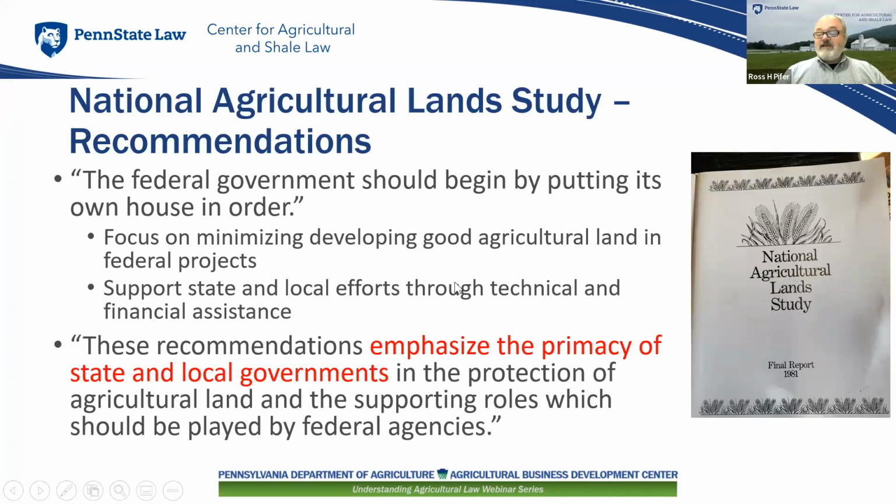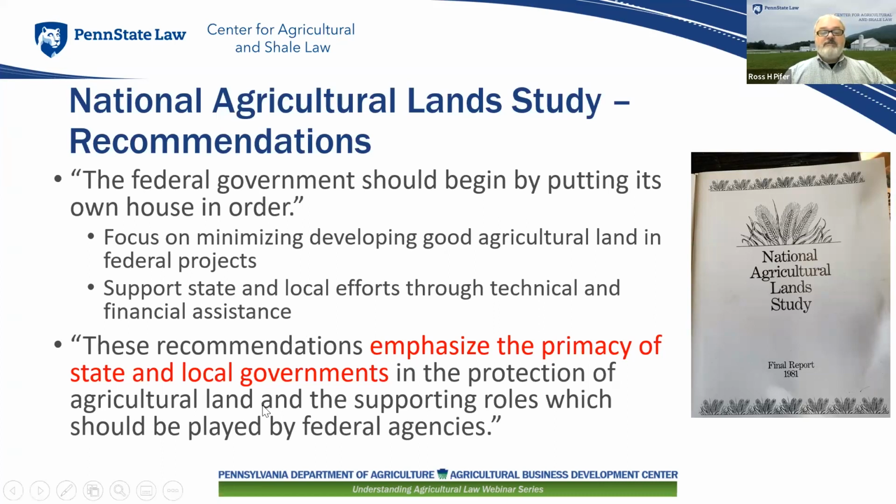So the recommendations recognized that at a national level, we needed to start looking at these issues, and that the federal government needed to support the state and local governments, recognizing that state and local government really had the primary role.